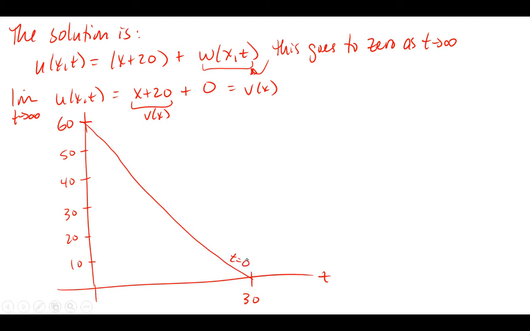Of course, what's that saying? That's saying that towards the left end, the temperature is 60, and towards the right end, it's actually 0. Now we know that this thing is in a heating and cooling environment, where on the left side, it's actually 20. That's T1.